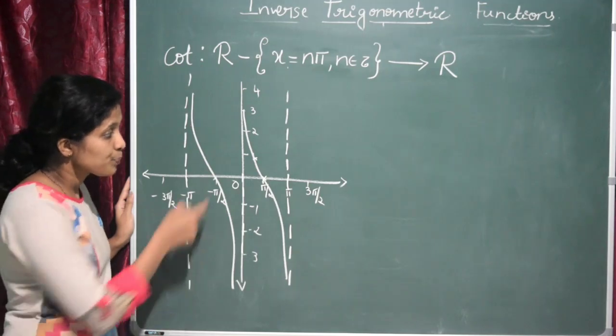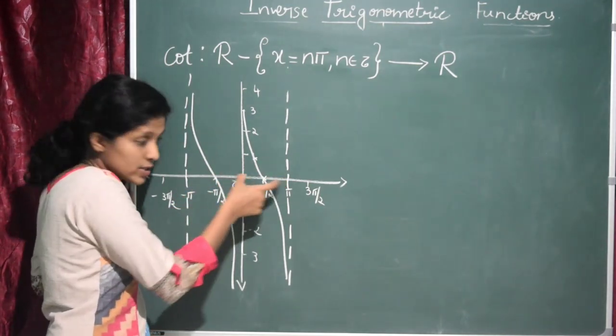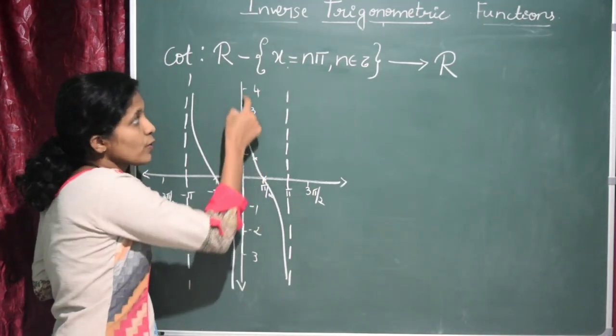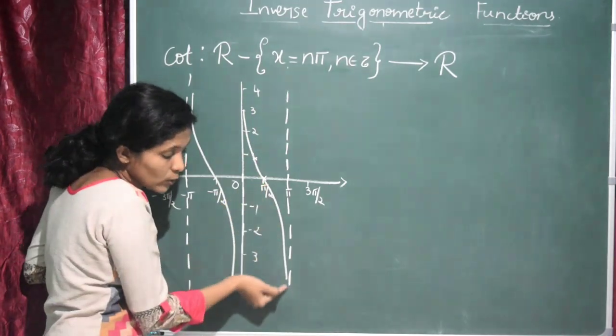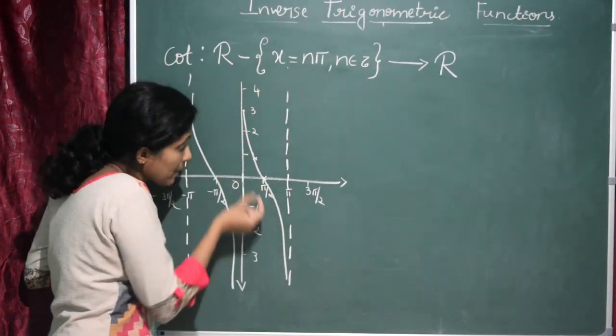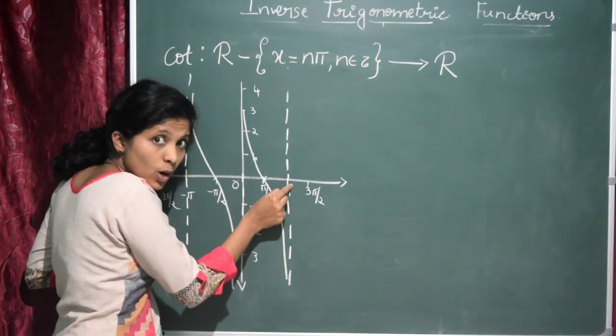You can see in this the function is not one-one and onto. But what we can do is restrict the function between 0 to pi. You see here, if you restrict the function between 0 to pi, all the positive values are there here and all the negative values are there here. It is from plus infinity to minus infinity. But here 0 is not included, as well as pi is also not included.